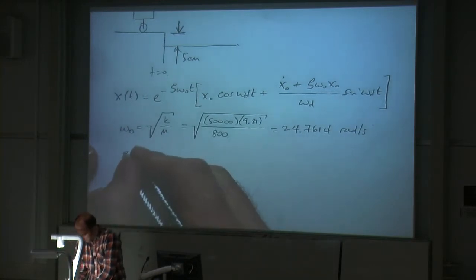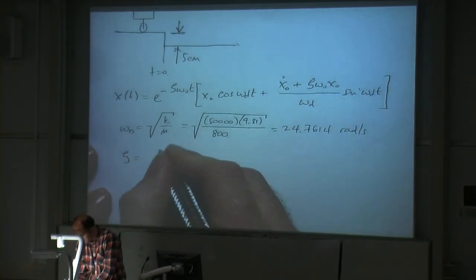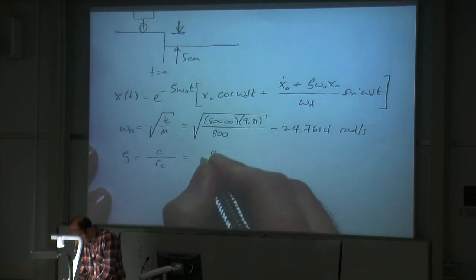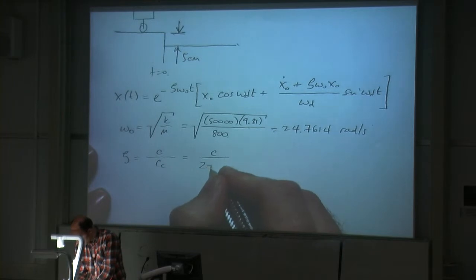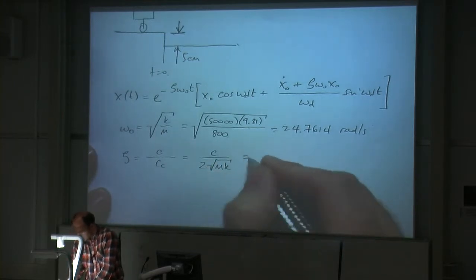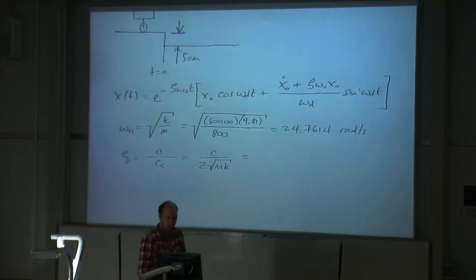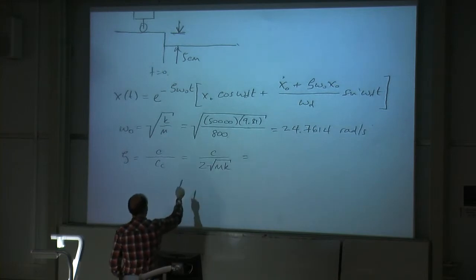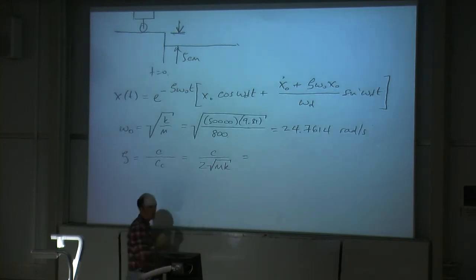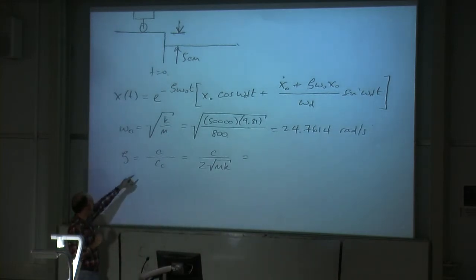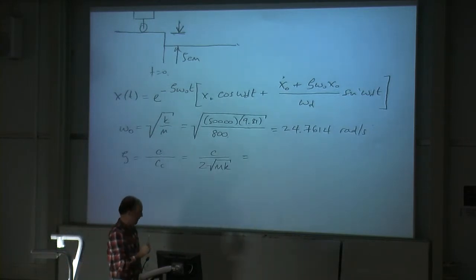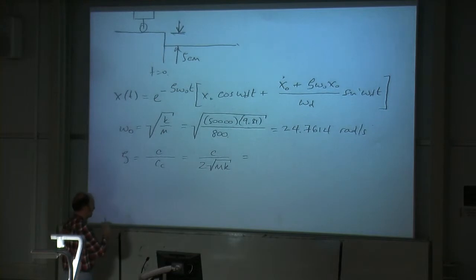We need to find zeta. And again, we can calculate zeta from the damping, the mass, and the stiffness. Zeta is defined as the damping divided by the critical damping, or the damping constant that will give you critical damping.